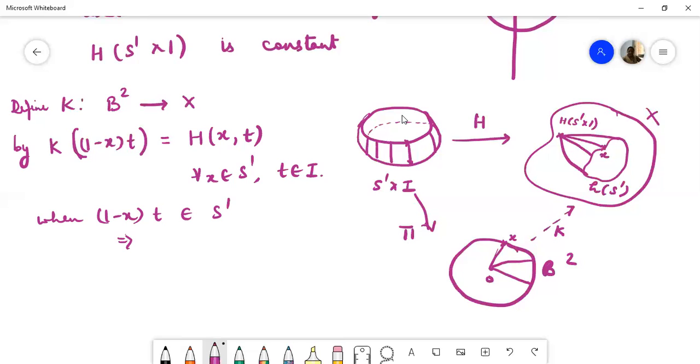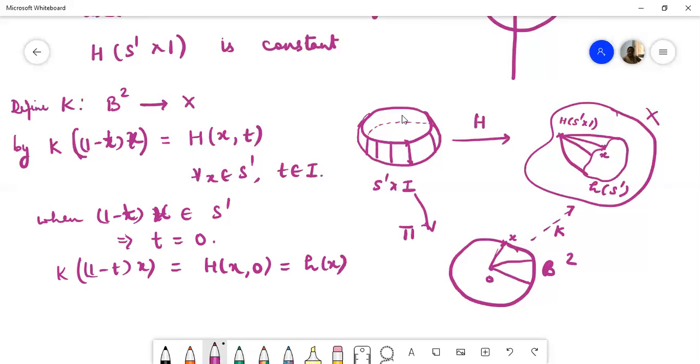sorry, it is (1 minus t) into x. So if (1 minus t) into x belongs to S1, then t is 0. In that case, k of (1 minus t) into x will be basically H of (x,0), and H of (x,0) is just h of x, because this capital H is a homotopy.